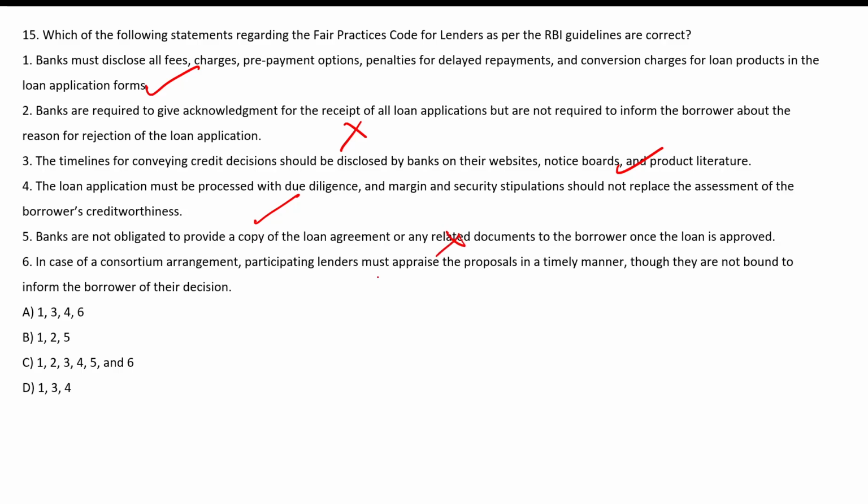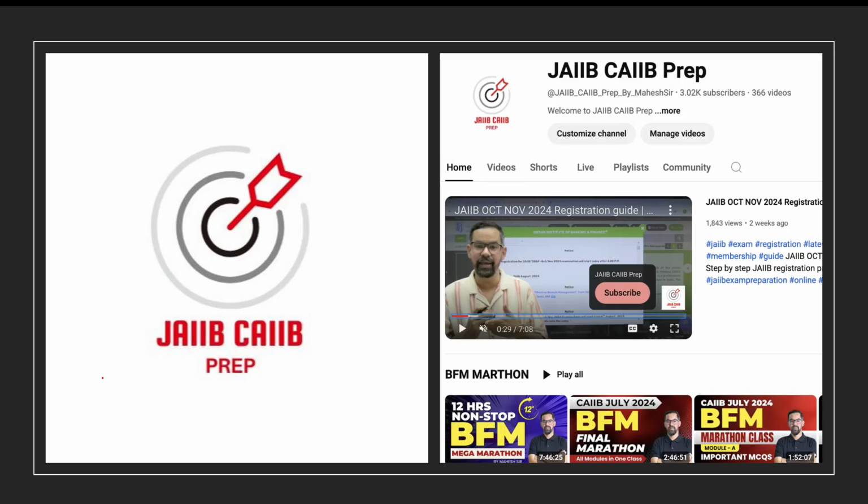So this is not correct. In case of consortium arrangement, participating lenders must appraise the proposals in a timely manner, though they are not bound to inform the borrower of their decisions. They need to inform the borrower of their decision. So this is not correct. So 1, 3 and 4 are correct, making option D the correct answer for this question.